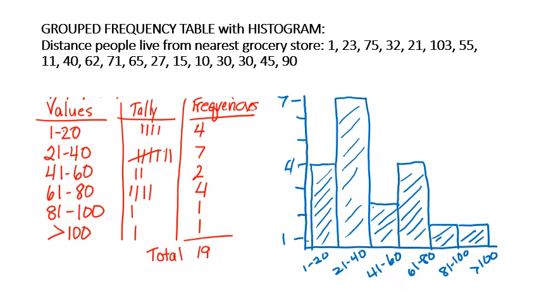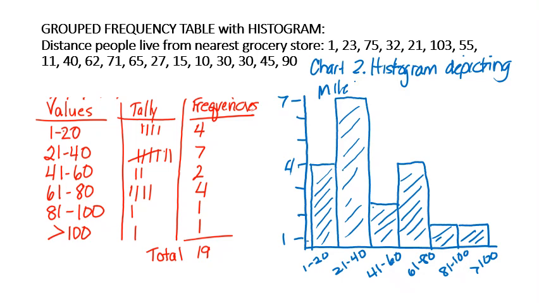We would again give it a title, again giving it a number. In this case, it's chart 2, and I'm going to write histogram depicting miles from grocery store with vegetables.